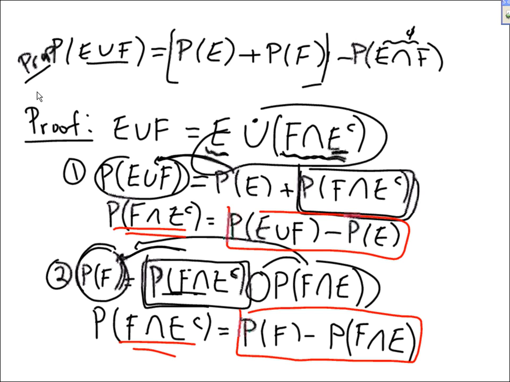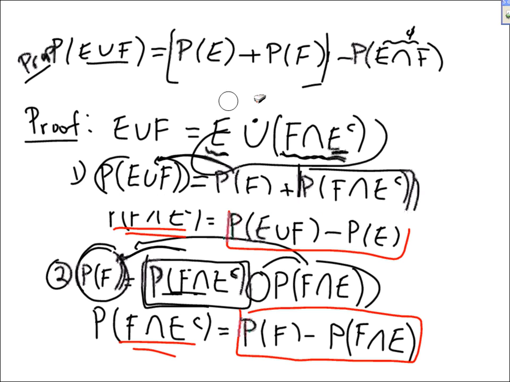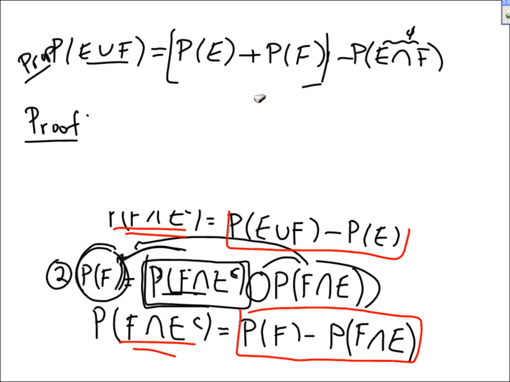And I really need the space, so I'm going to put that up here. They equal one another. If two quantities equal the same thing, they equal one another.